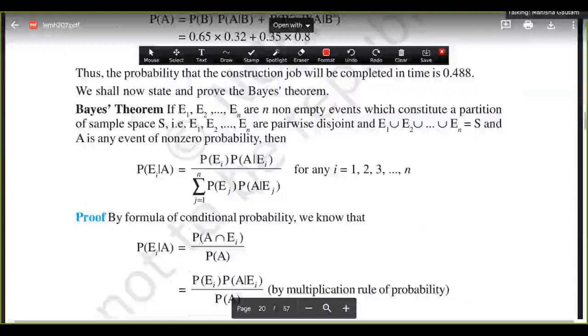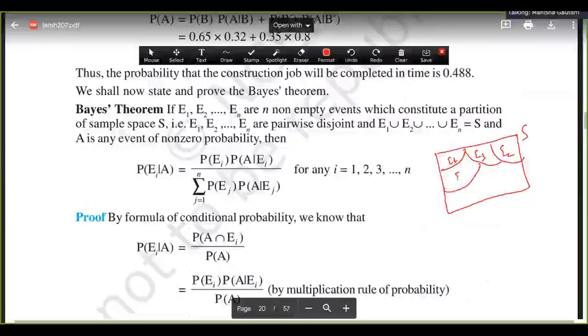Now I'm telling you again, here is a sample space S. In Bayes theorem, what do you have to calculate? These are E1, E2, E3, E4, E5 and up to En.